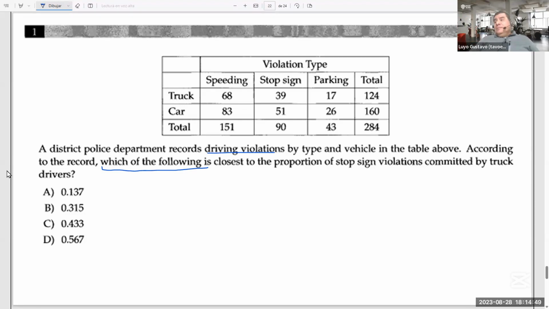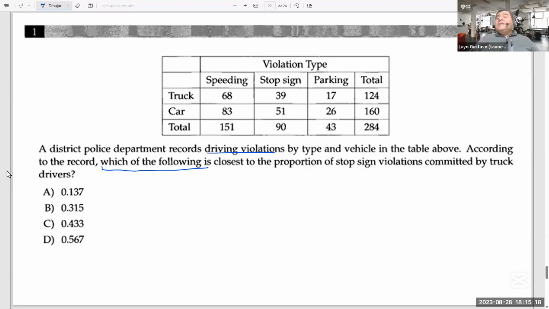Does it mean the total number of truck drivers' stop sign violations divided by the total number of driving violations? Or does it just mean the number of stop sign violations committed by truck drivers divided by the total number of stop sign violations?